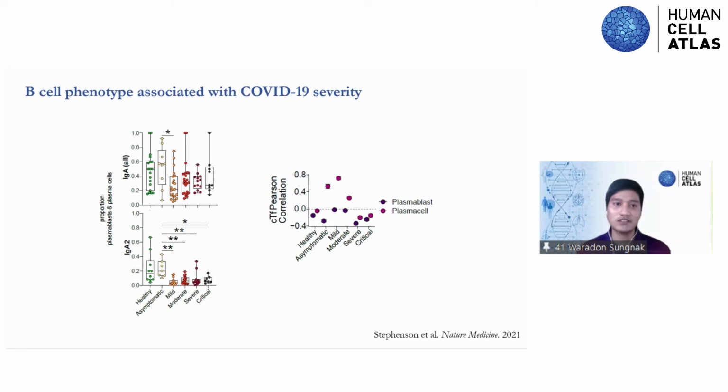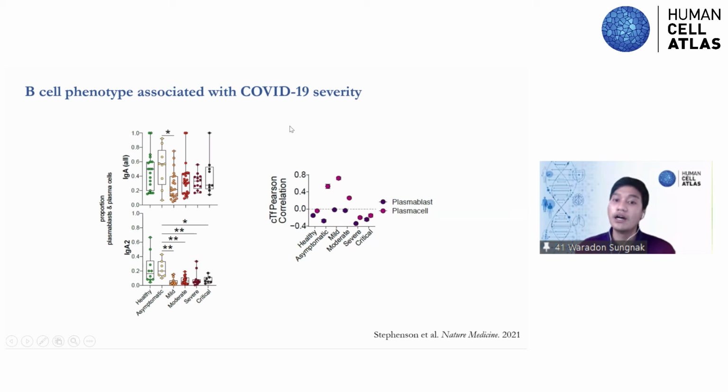We also looked at B cells, and we found certain interesting phenotypes, including elevated IgA positive B cells associated with asymptomatic donors, especially IgA2, and this could imply having a secretory isotype providing protection at the actual barrier surface in the infected donor.